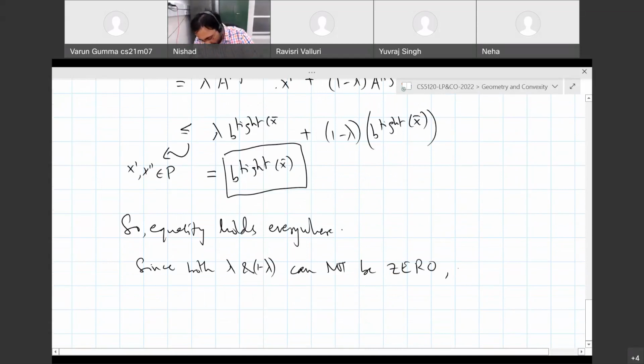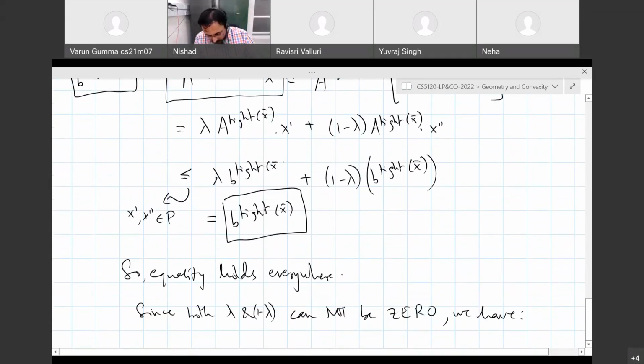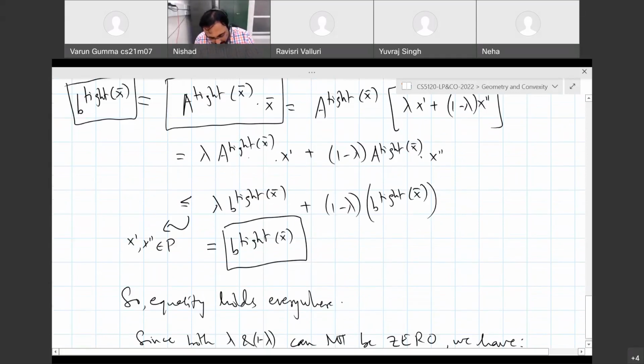Okay, both of them cannot be 0. So either A tight x bar times x prime has to be exactly equal to b tight x bar, or the same thing should hold for x double prime.